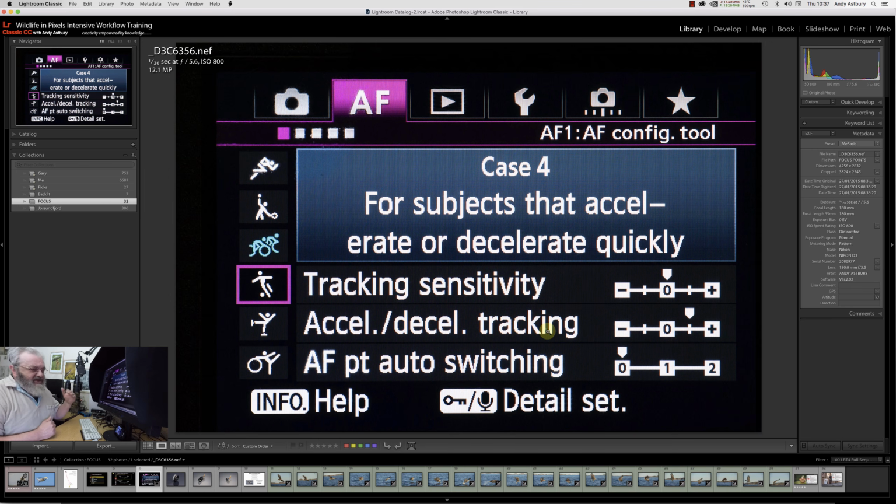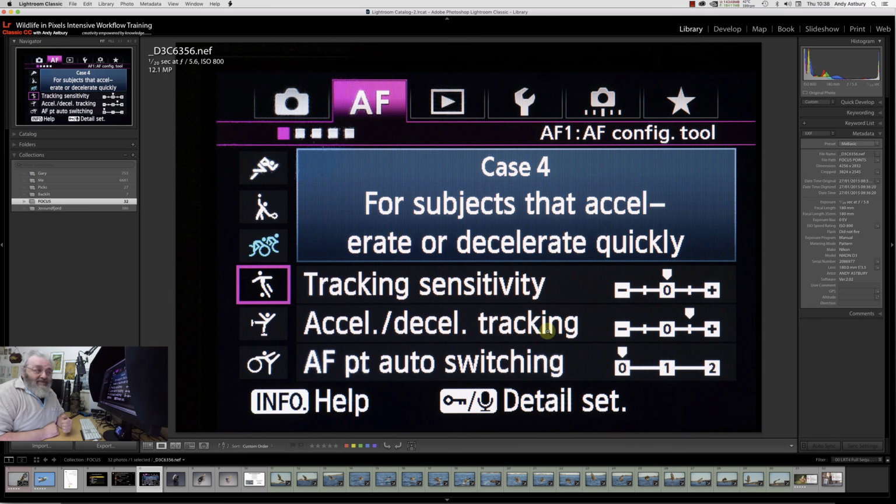There is a fundamental difference between what the camera sees as a major change and what the camera sees as a minor change. And this doesn't just apply to Canon, it applies to all cameras with an autofocus system. But the Canon system allows you to customize the tracking sensitivity and the acceleration deceleration tracking sensitivity, and tailor it to the situation that you're in.